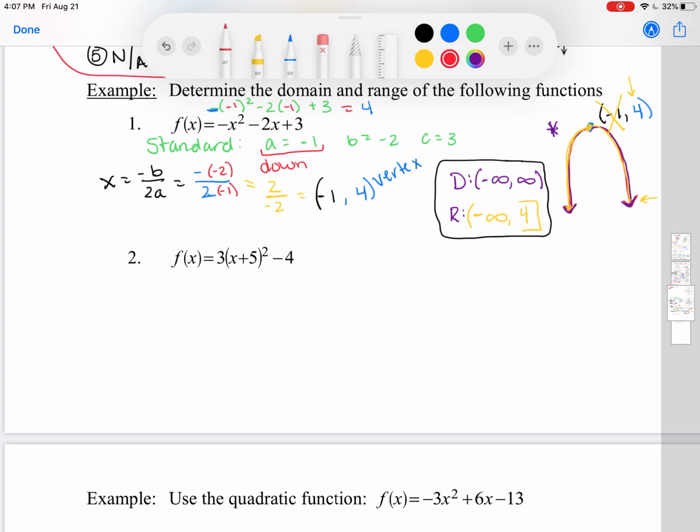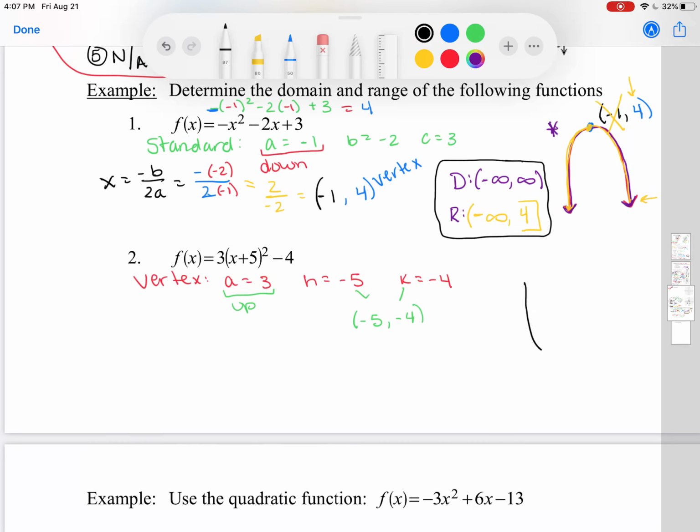Let's do question 2. This is in vertex form. We have an a value of positive 3, h value of -5, and a k value at -4. And since it's in vertex form, it actually gives us everything we need to know. Our a value is going to tell us we're going to open up, and my h and k values tell me it's at a vertex of -5, comma, -4.